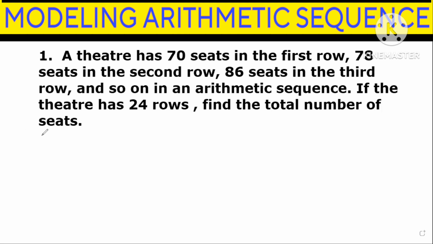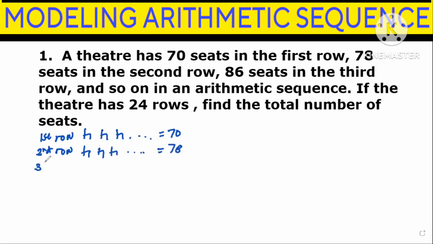So supposing this is the first row. So we have seats here. And the total number of seats is 70. Now for the second row, total number of seats is 78.